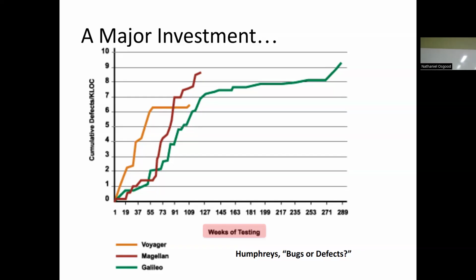So they were testing these things for years, right? Voyager for a little bit less than 2 years, but the others for somewhat over. In the case of Galileo, up to almost 6 years, right?